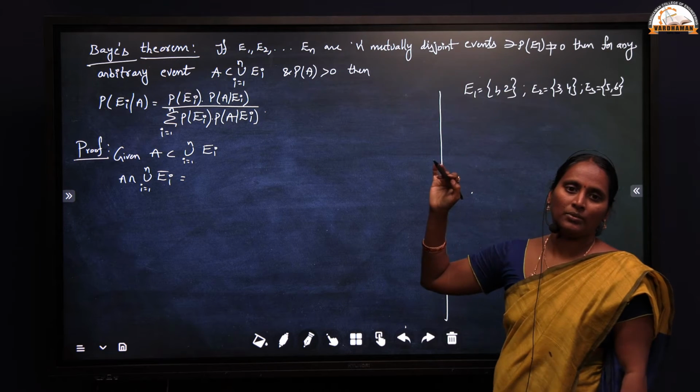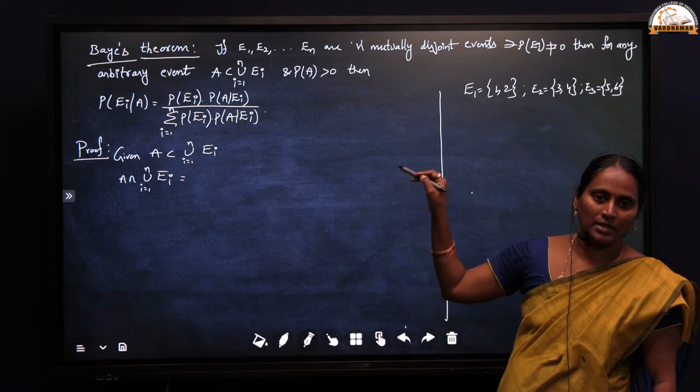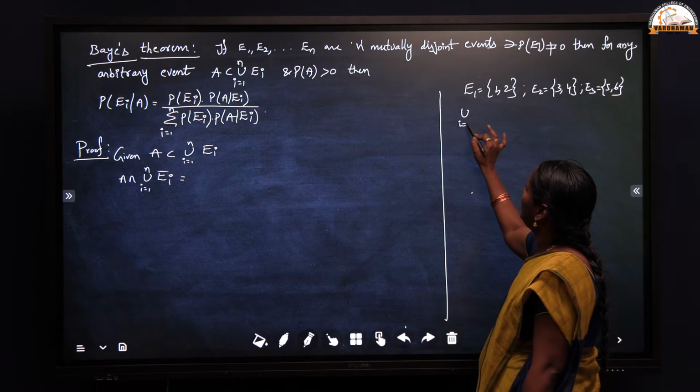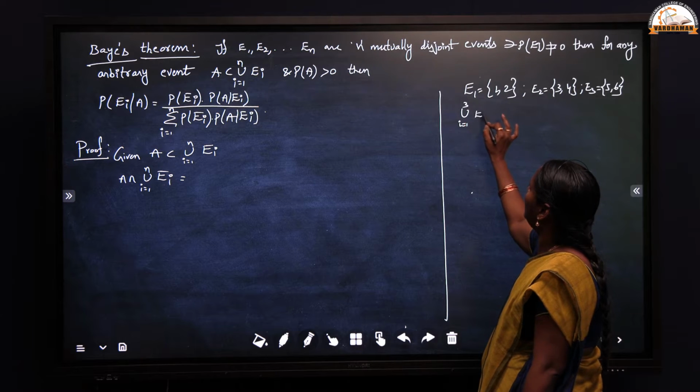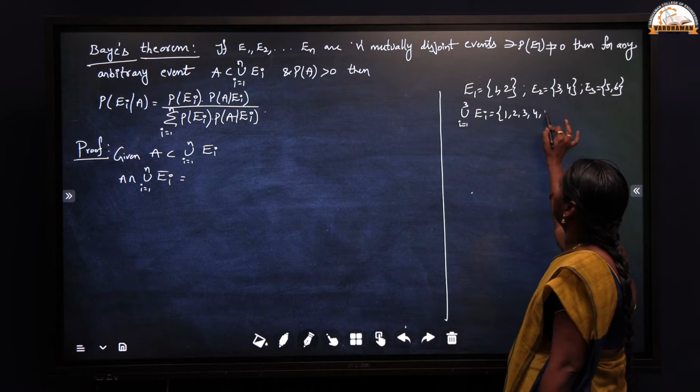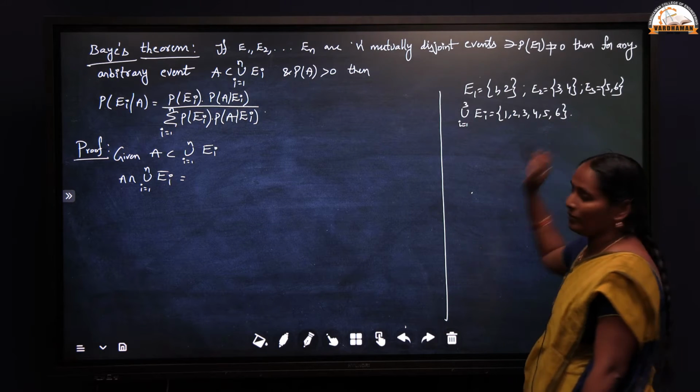We consider the n sets to be 3 sets in the given theorem statement. Now the union of Ei for i equals 1, 2, 3 is equal to 1, 2, 3, 4, 5, 6, right?